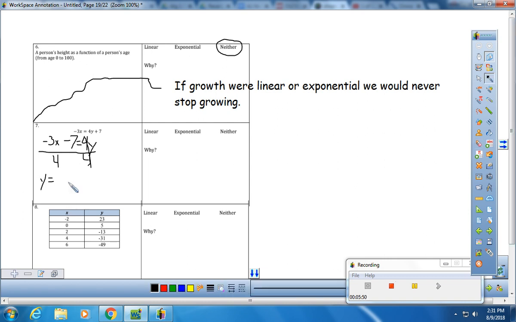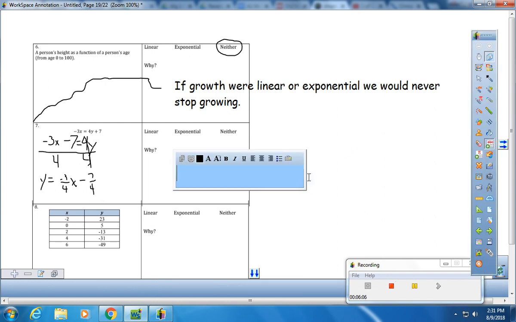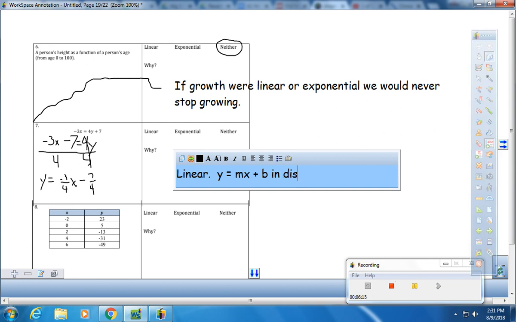You get y equals negative 3/4 x minus 7/4. Oh, that's y equals mx plus b, but that makes it linear. y equals mx plus b in disguise.